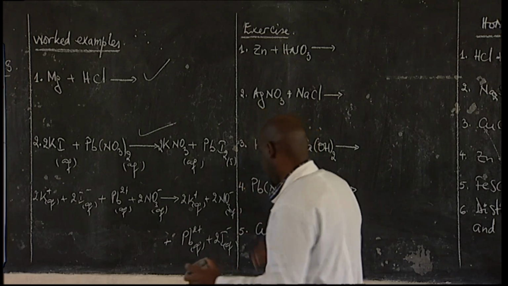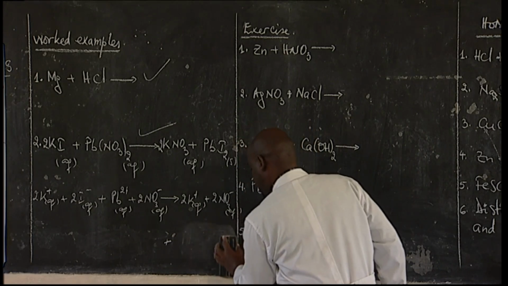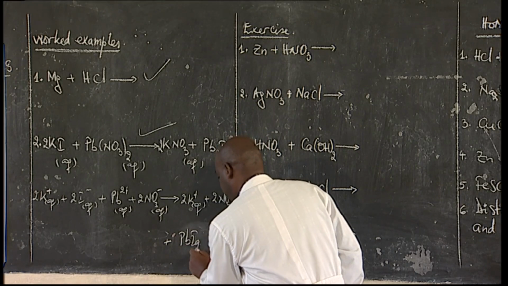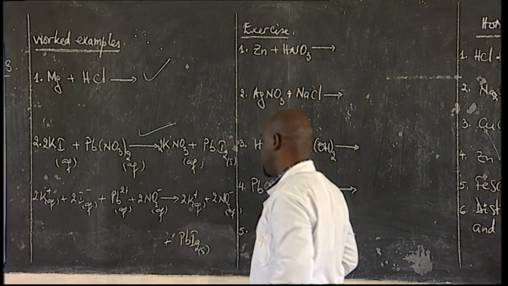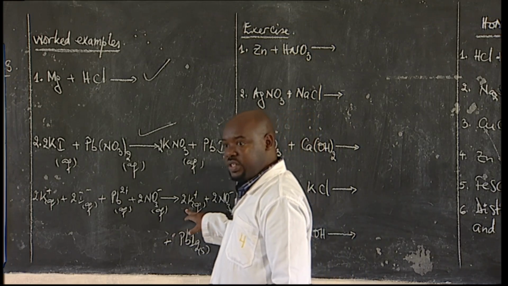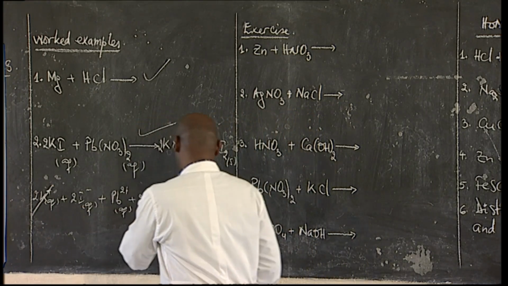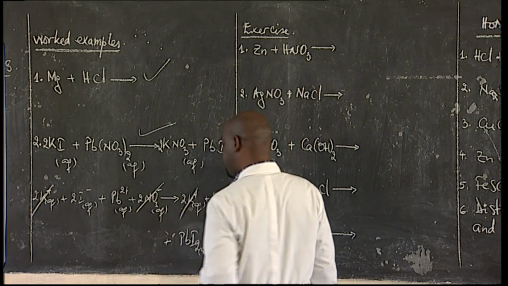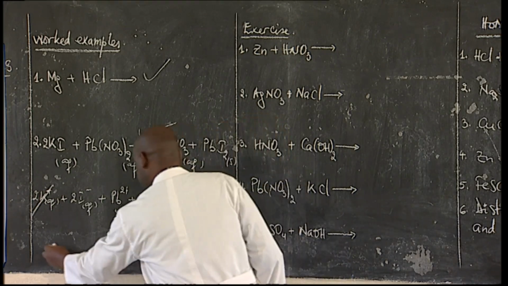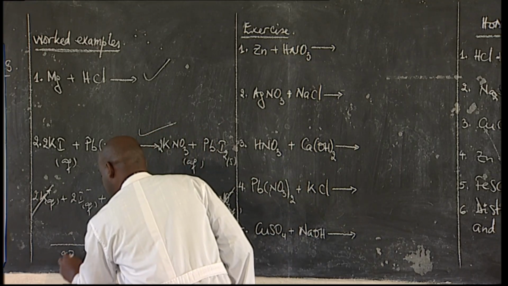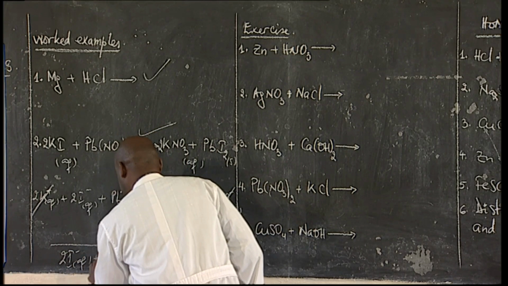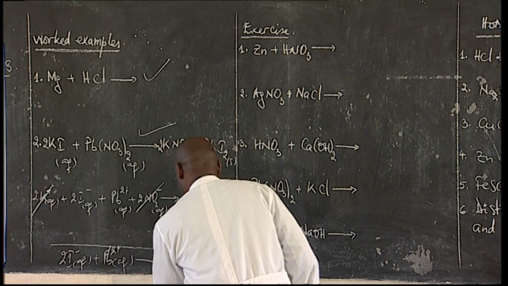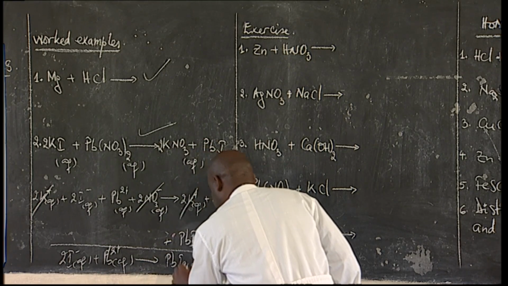We said this one is solid, so it will not be separated because it doesn't dissolve. We have free potassium and free potassium, so they are crossed out. We have the nitrate ion and the nitrate ion, so they are crossed out. And our ionic equation becomes 2I negative plus lead 2 positive aqueous to produce lead iodide, which is solid.